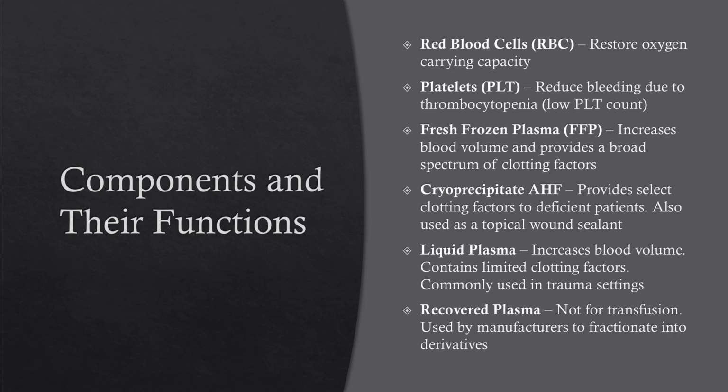Cryo is a very small volume product. It's actually made from FFP, but it's just a small portion of the full profile of clotting factors, but it's got a couple of them in high enough quantities. The AHF, anti-hemolytic factor.